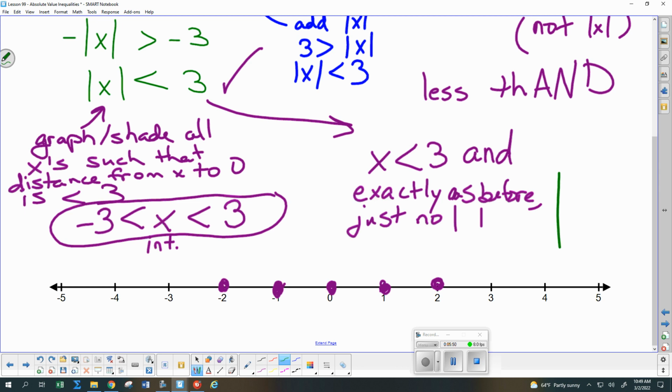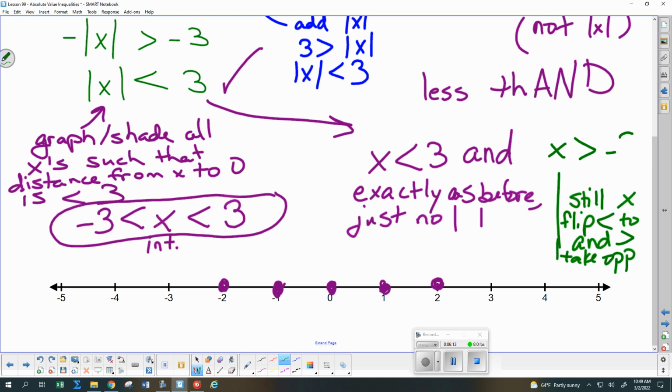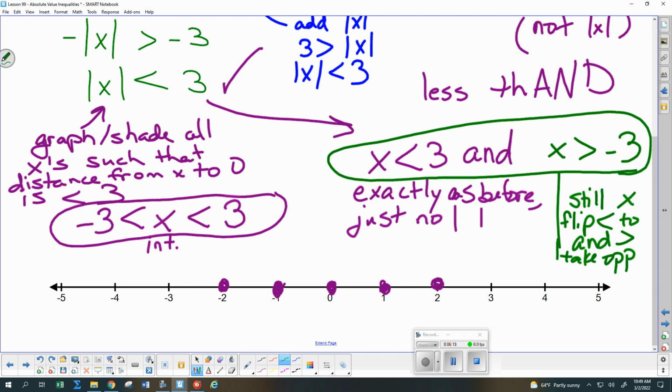The other one is still going to be x. Flip the inequality and take the opposite of the number that we had. So this says x is less than 3 and x is greater than -3.